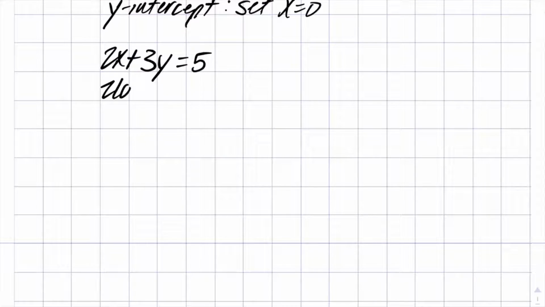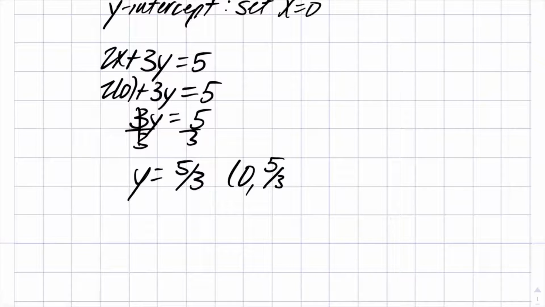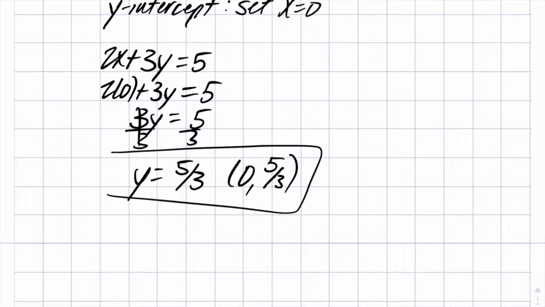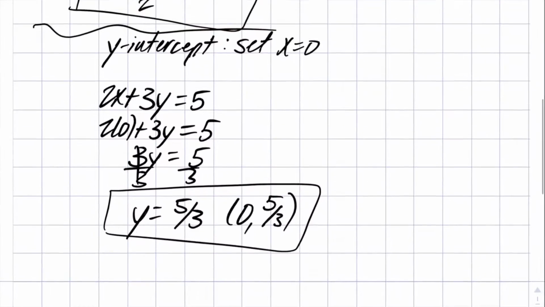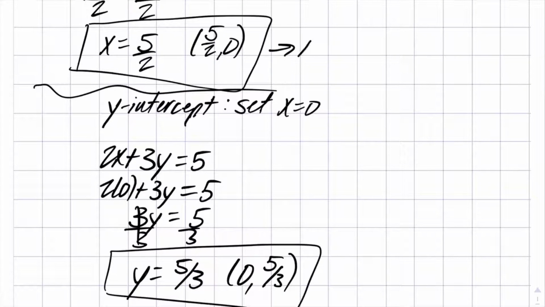So 2 times 0 plus 3y equals 5. 3y equals 5. Divided by 3. y equals 5 over 3. This is our y-intercept. Okay? x-intercept, y-intercept.